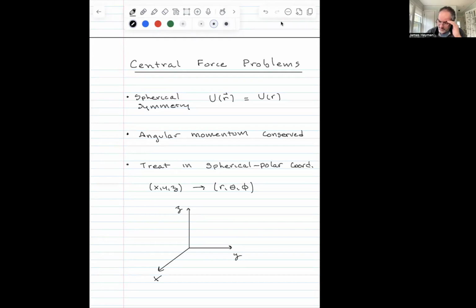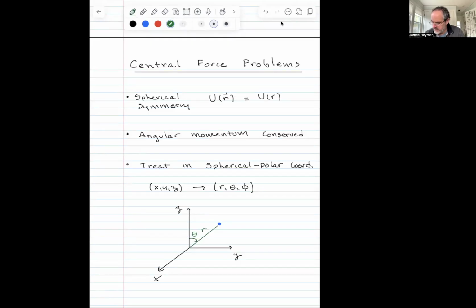Starting with a coordinate system like this one here, now we're going to label points in space using r, theta, and phi, where if this is my point, then r is the distance from the origin. Theta is the polar angle, which in physics we draw from the z-axis.